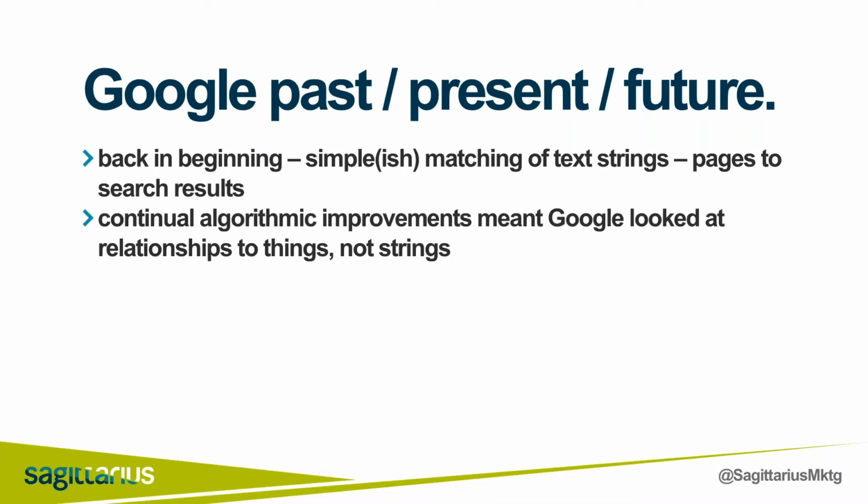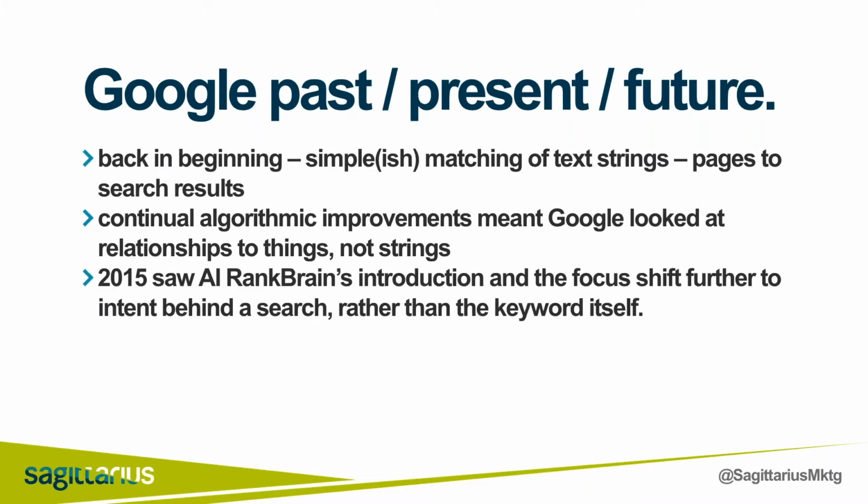As things have moved on, there's been algorithmic improvements, and that means that Google now looks at relationships of things rather than actual text strings. So it now looks at how things actually are linked together, how different words relate to each other, and the context in which those words are used. And that's been driven by 2015's introduction of RankBrain, which you have to say really closely and carefully.